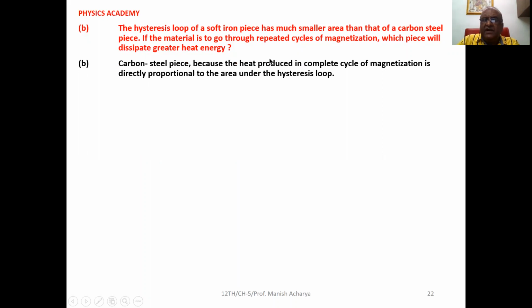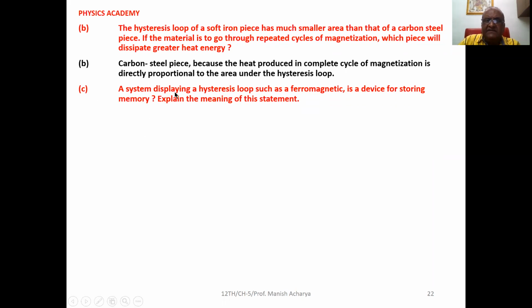Obviously the carbon steel piece, because the hysteresis loop of soft iron has a smaller area than carbon steel, and the area enclosed by the hysteresis loop gives the loss of energy in the form of heat.